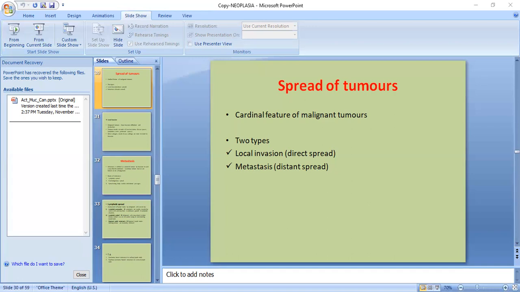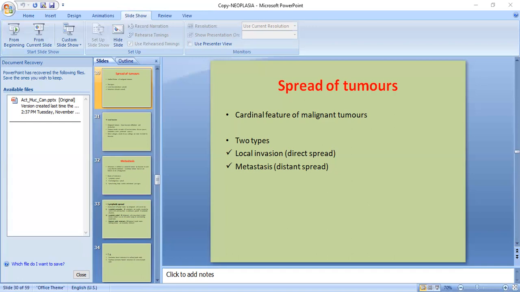Lymphatic emboli. Malignant cells may detach to form tumor emboli so as to be carried along to next draining lymph node.